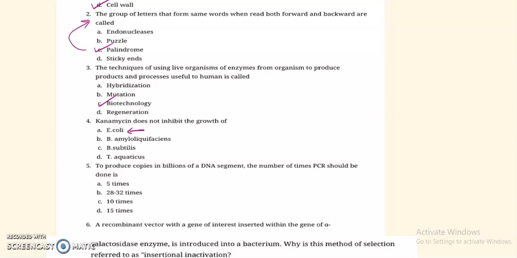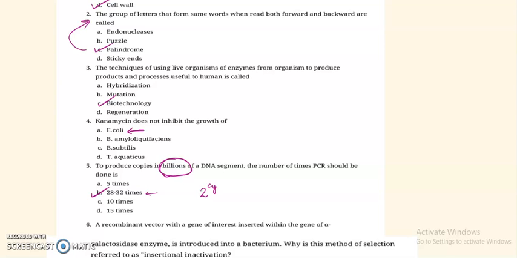Next question is again on PCR and it is asking us, to produce copies in millions of our DNA segment, the number of times PCR should be done. It is 28 to 32 times because this is the highest value. If you think logically, this will yield the maximum number of copies, somewhere in billions. In the previous video also we read that if you want to calculate the number of copies, the cycles will be given to you.